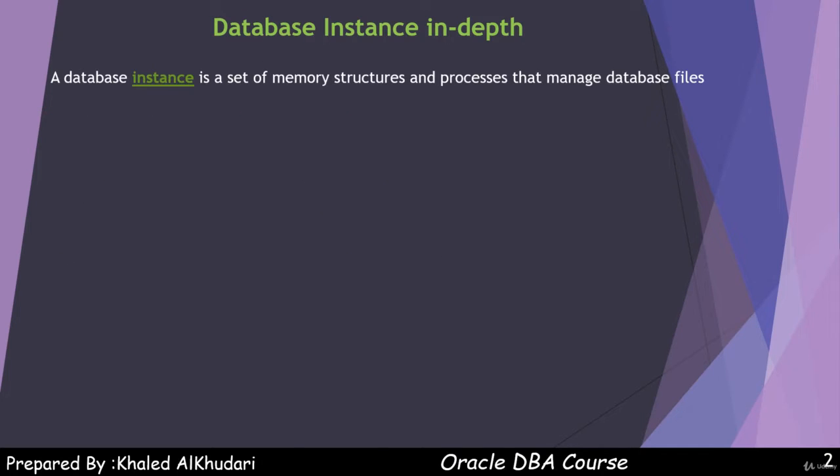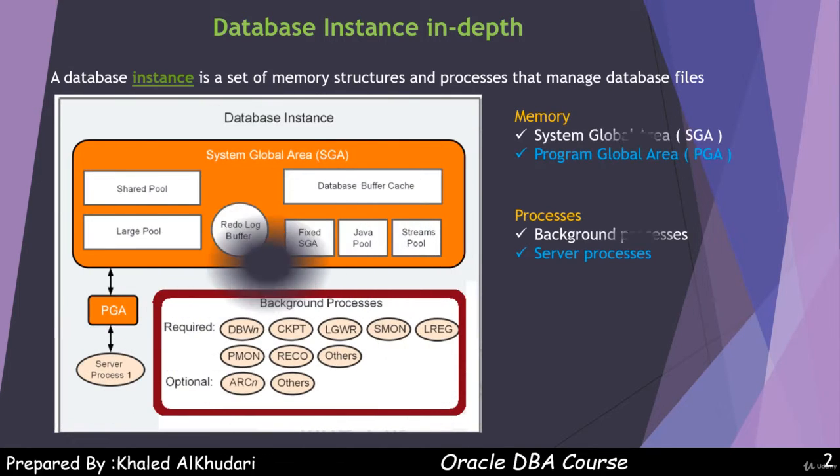Okay. I told you before that the instance is memory structures and processes, and these manage the database files. So in this example, the Oracle instance contains two types of memory: the system global area and the program global area.